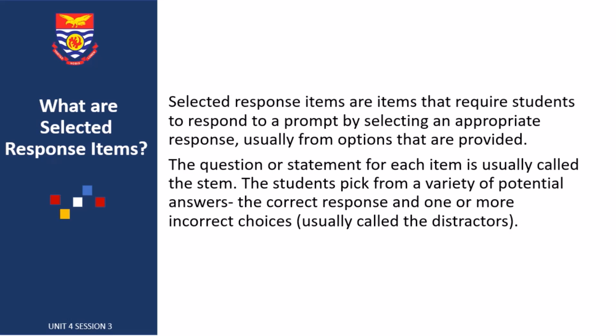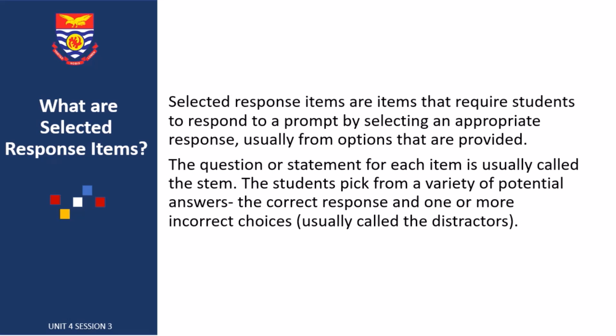The stem being your question, the correct one will be the correct response, and those that are not the answers, normally we call them the distractors. The item response is scored using an answer key. The number of distractors may vary between 1 and 4. In some cases you can even get 5 and 6.